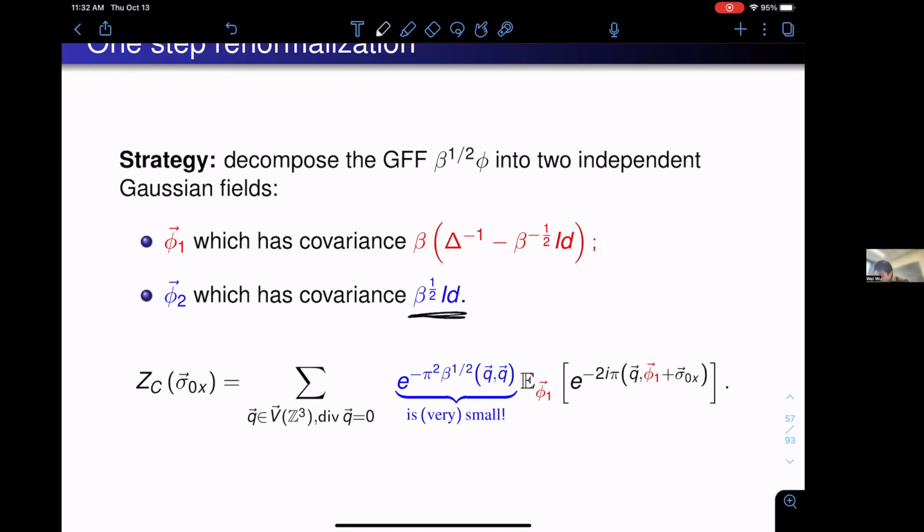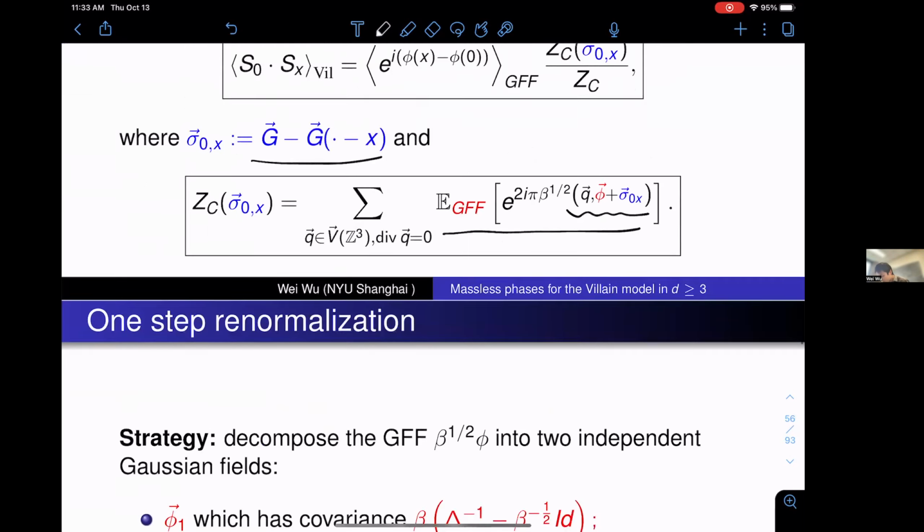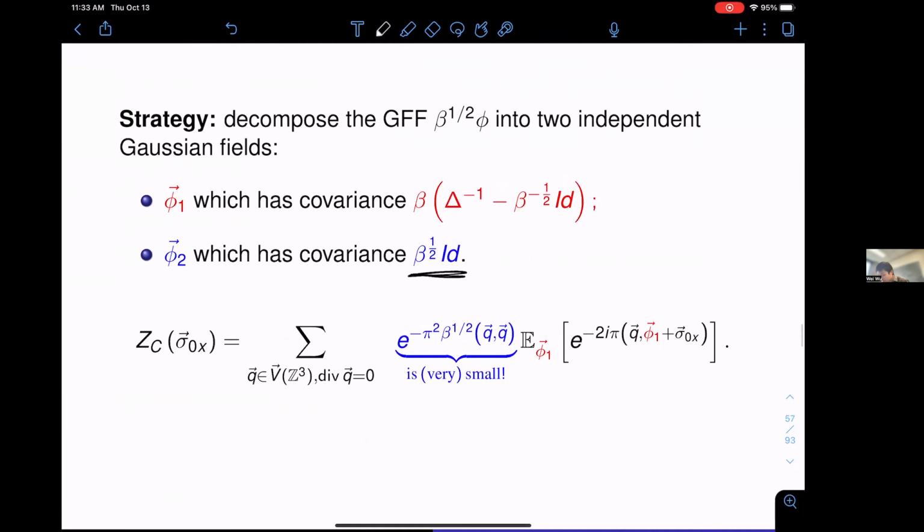After doing that, after you integrate out this local Gaussian part, you see that there's a contraction term that looks like this. It decays very fast in terms of the norm of your charges Q and with respect to temperature beta.